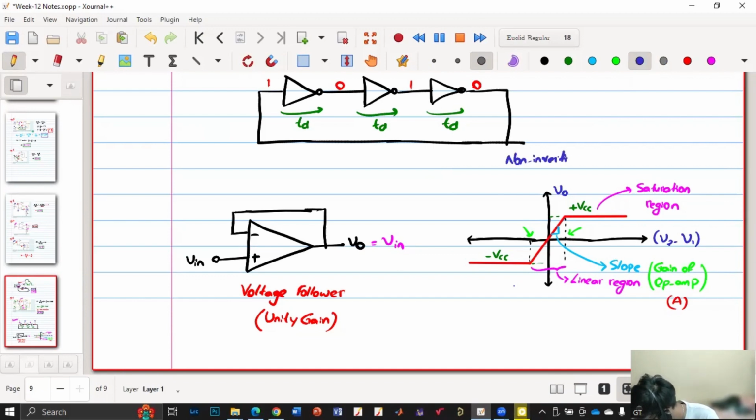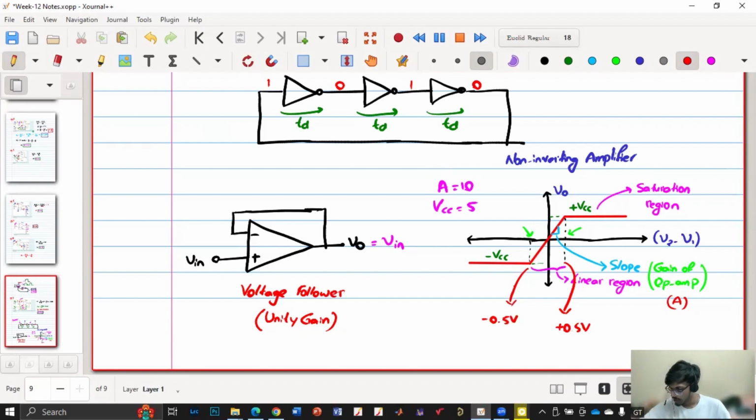Non-inverting amplifier, and you have considered gain equal to 10 and VCC equal to 5. That puts the restriction on your input that this is plus 0.5 volt and this is minus 0.5 volt. The moment V2 minus V1 is 0.5, output is 5. But the moment V2 minus V1 is more than 0.5, output is still saturated to 5. Whereas if you come less than 0.5, say 0.4, output is 4. So this is the linear region within which the op amp is acting like an amplifier. Beyond that, it is getting saturated.